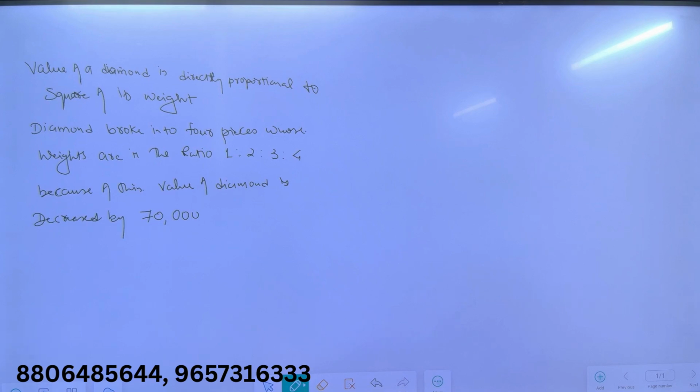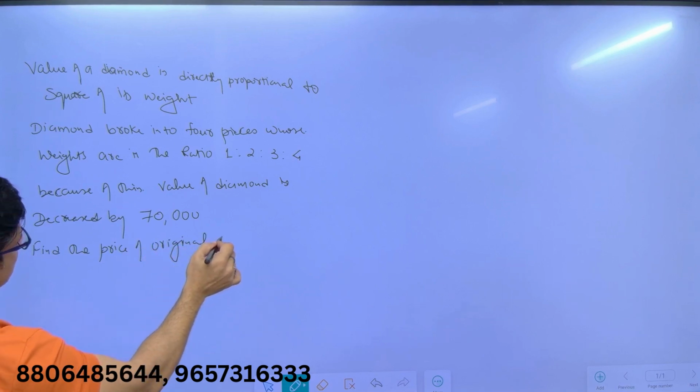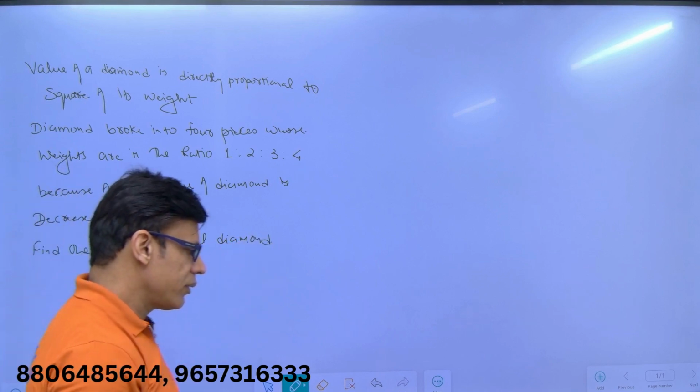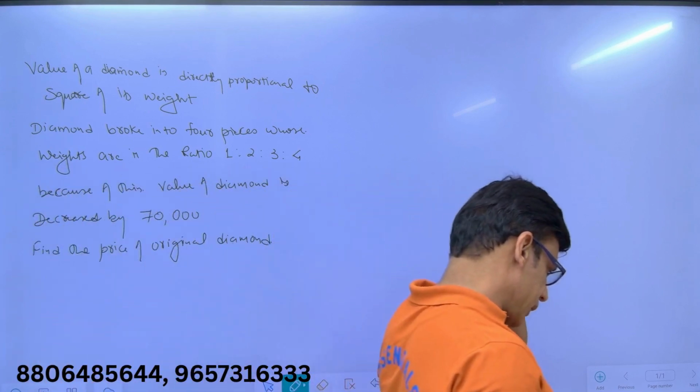Value of diamond decreased by 70K. Find the price of original unbroken diamond piece का price निकालना है, to find it out.